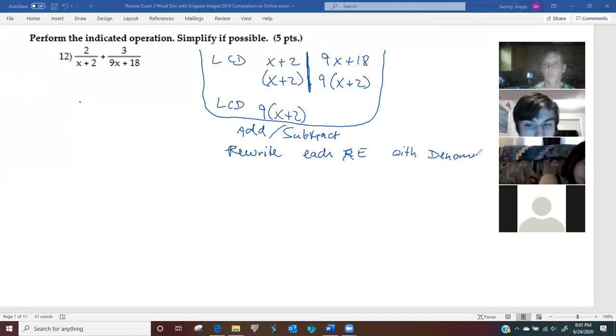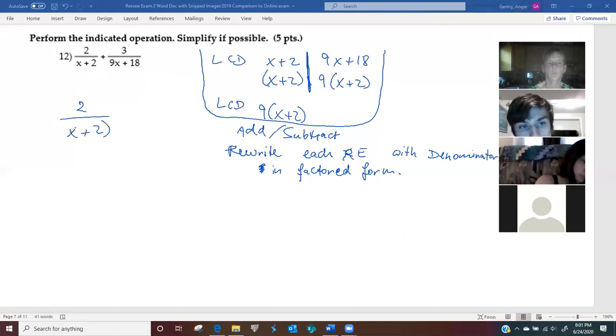Do not try to factor the numerator right now. It's different than when you're multiplying and dividing. So rewrite it with the denominator in factored form. This will help you later not accidentally do something wrong. Okay, so I changed absolutely nothing.